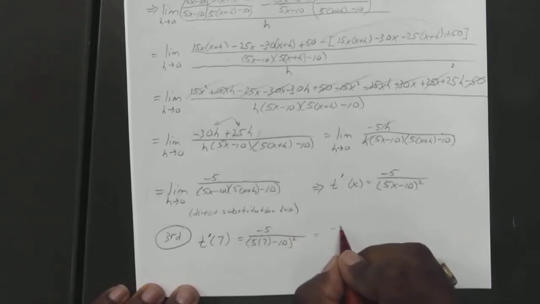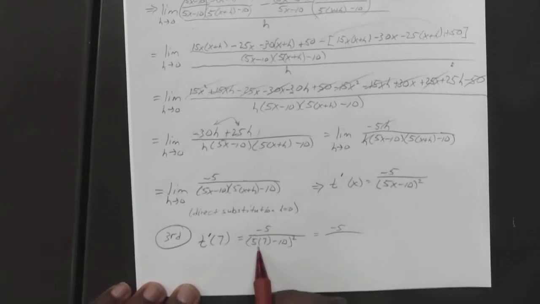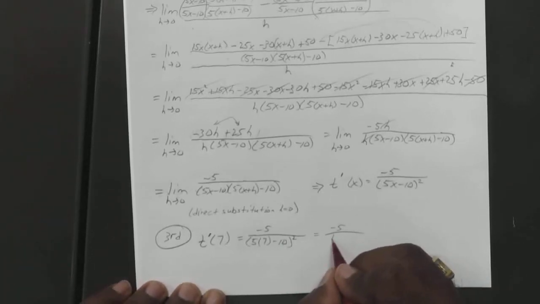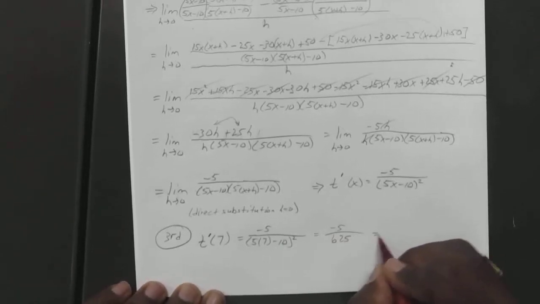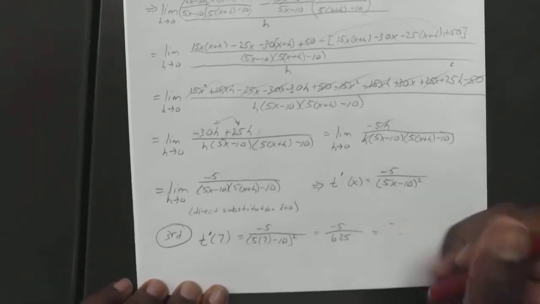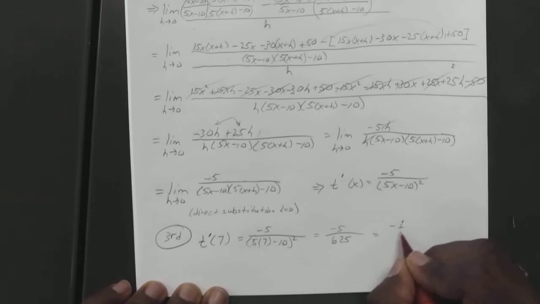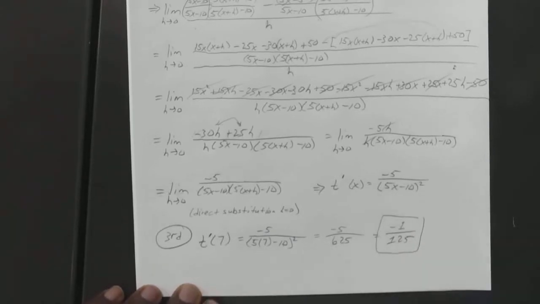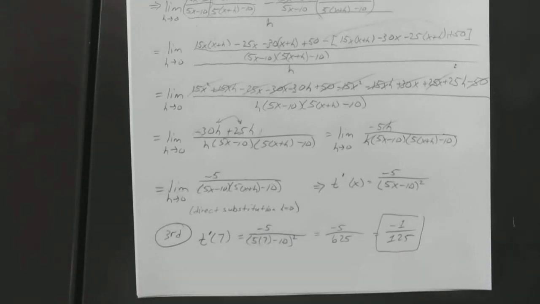So you have negative 5 over 35 minus 10 is 25. 25 squared is 625. So you have negative 1 over 125. Okay, and that would be your final answer.